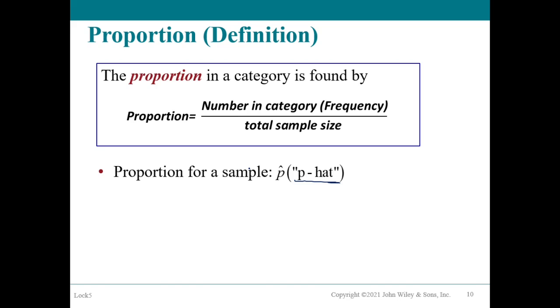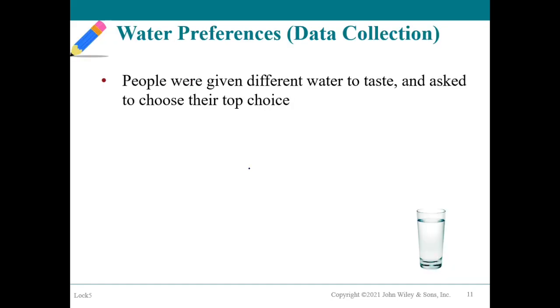If you mention p hat, I know that's based on a sample. The same thing goes for the population proportion. We denote it by simple p, no hats. Both of these notations refer to the proportion, which is the frequency divided by the total sample size.